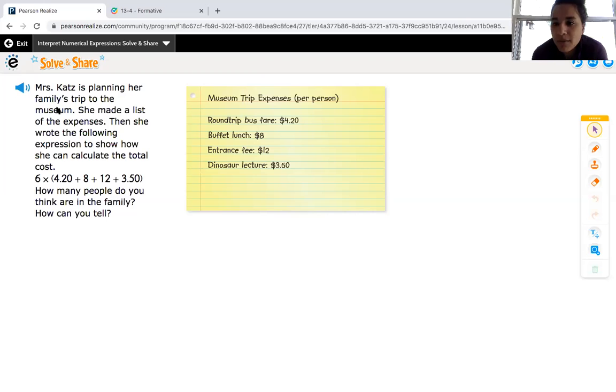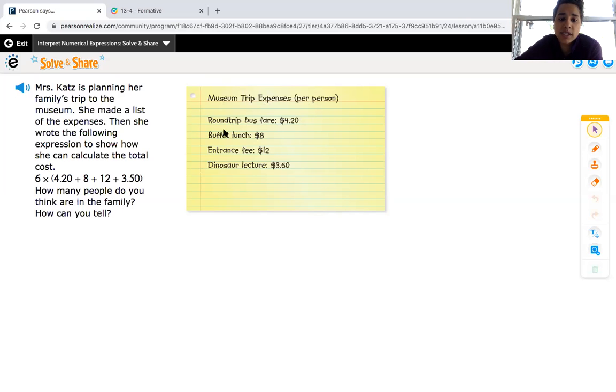So what is this problem asking us to solve? It's asking us how many people do you think are in the family? And then also, how can we tell? So let's look at the details that it's given us here. It's a museum trip, and the expenses are per person.